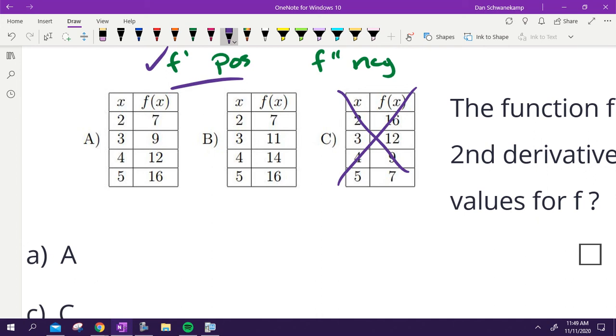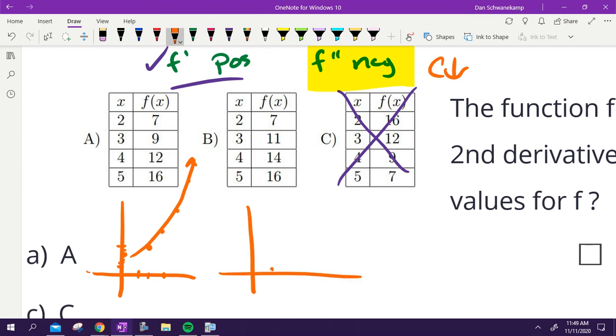f double prime needs to be negative. What are we talking about if f double prime needs to be negative? Concave down. So when in doubt, graph it out. I'm going to do the most basic graph ever. 1, 2, 3, 4, 5, 6, 7. There's 2, 7. There's 3, 9. There's 4, 12. There's 5, 16.